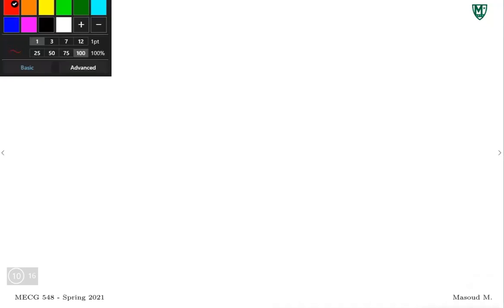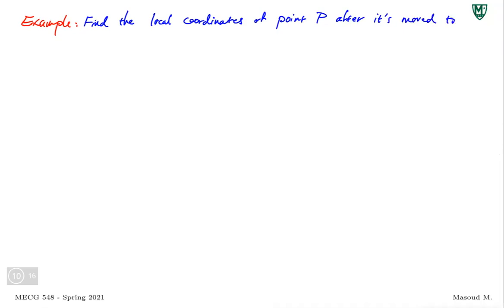So, example. This goes as: find the local coordinates of point P after it's moved, better to say it's rotated. Well, I'll refer to it later on.